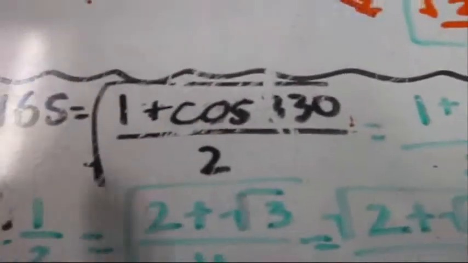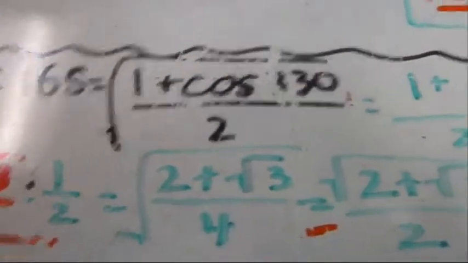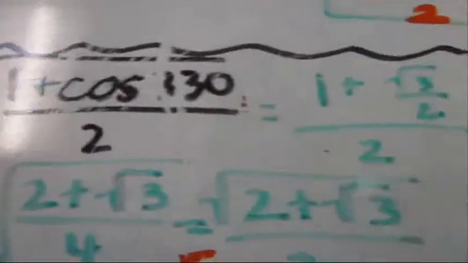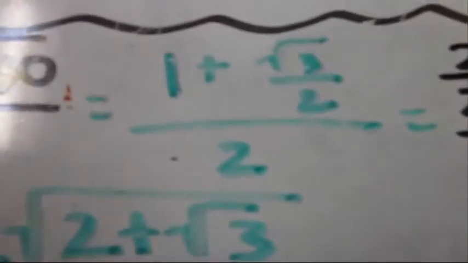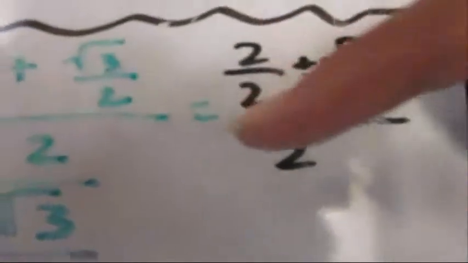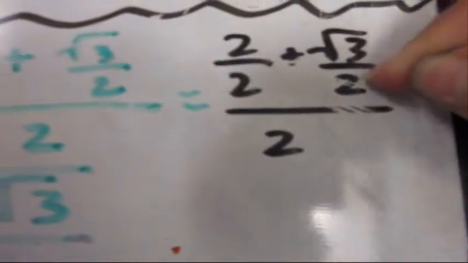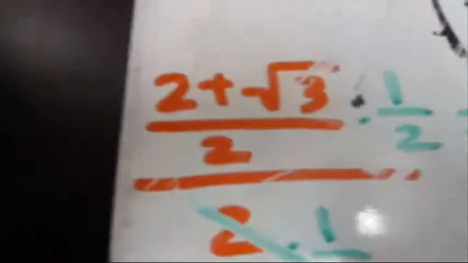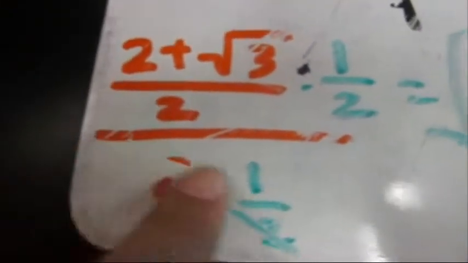In order to find cosine of 165, you plug into the equation for the radical of 1 plus cosine of 330 over 2. The cosine of 330 is radical 3 over 2, and we would get 1 plus radical 3 over 2, over 2. To add this together, we changed 1 to 2 over 2, so it becomes 2 plus radical 3 over 2, over 2, and we multiply by 1/2 to get rid of the 2.